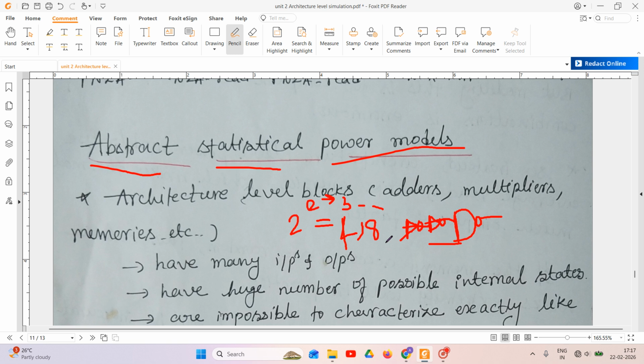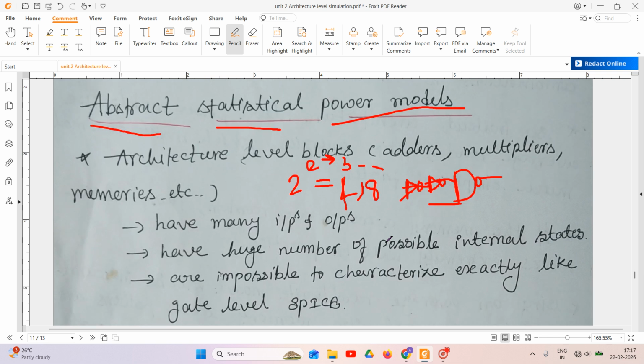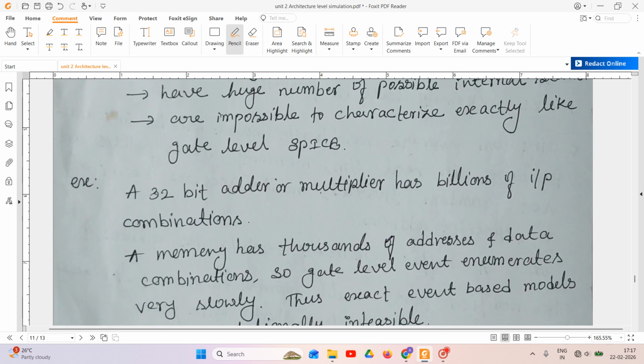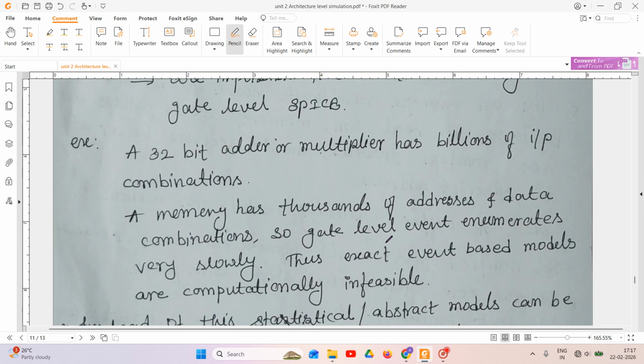For example, take a 32-bit adder or multiplier. If the input is 32-bit, you will get billions of input combinations. If it is memory, we will get thousands of addresses.